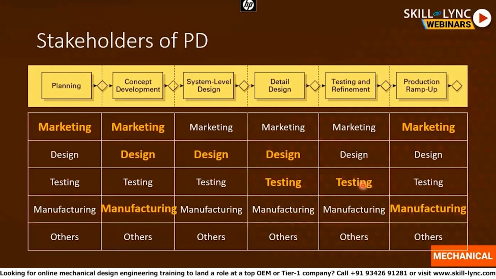That is the key for product development. And finally, going to the mass production phase, again, manufacturing takes the full responsibility of making the part physically with the support of marketing to sell the product in the market. So this is how the product development relay race works.